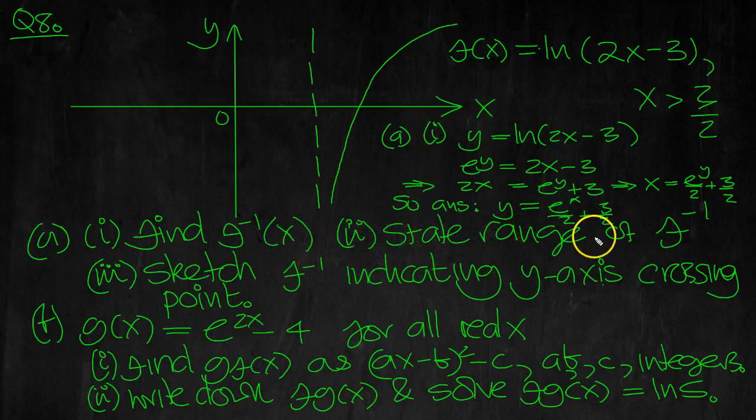Now, state the range of f minus 1. Well, x is bigger than 2/3. You can see the sketch of it here. This would be 2/3. And this is our sketch. So when we do the inverse, because we're going to do the sketch in a minute, this axis will flip upside down and it will just be curving up here.